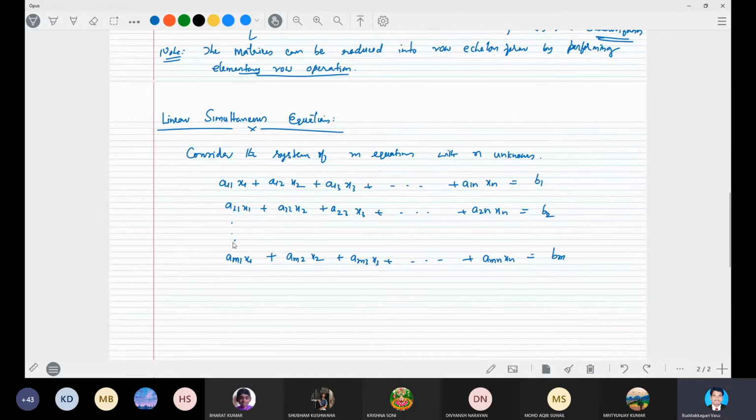Here m, because m equations are there, m equations with n unknowns. In each equation there are n unknowns. This is the system of simultaneous equations.